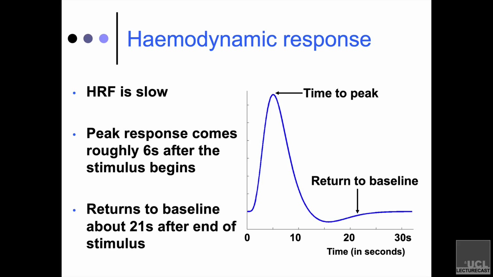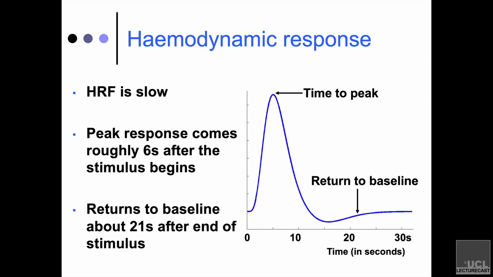In fact, if you see a local increase in neuronal activity, it takes somewhere between 4 and 6 seconds for the blood flow to increase the amount of oxygen in those areas, just because blood is slower than neuronal activity. What's more, it takes up to about 21 seconds before the blood flow returns back to baseline levels.